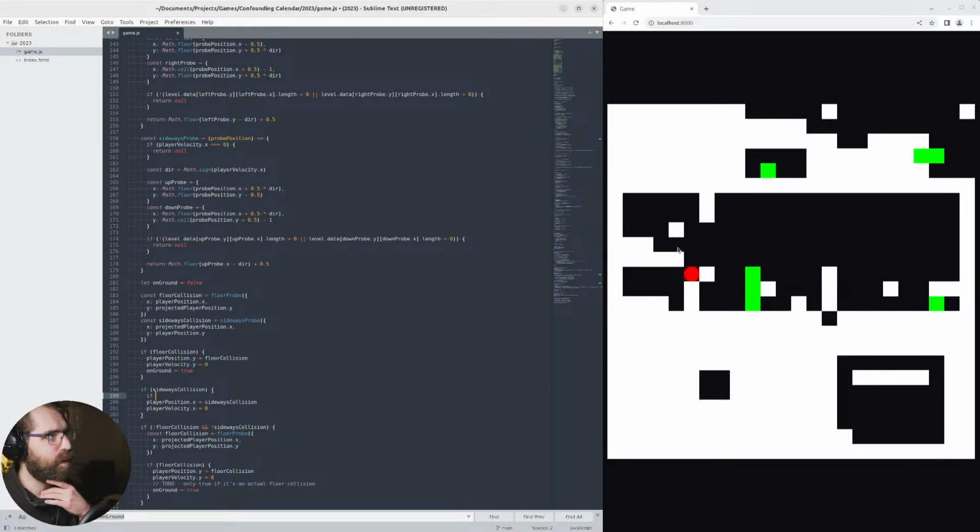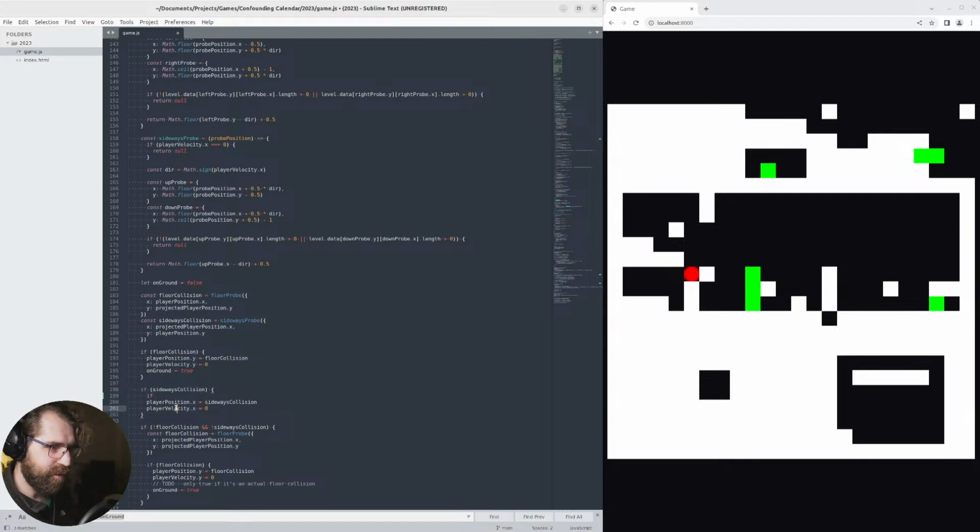So do I just need the one probe? If I'm colliding and there's a space here, the probe is literally just what's in the cell to the left of the player. Okay, so if I'm colliding, do I know which way I'm colliding?